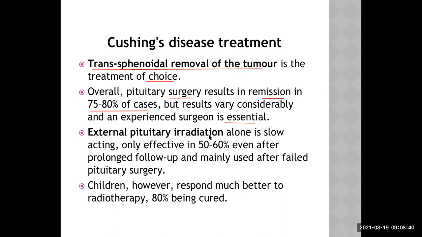It can damage the healthy tissue near that area, and we are talking about the area of the cranial cavity, or the brain actually. So as far as possible, this type of therapy is not commonly employed. Children, however, respond much better to radiotherapy, with 80% being cured. But this disease is not common in children.